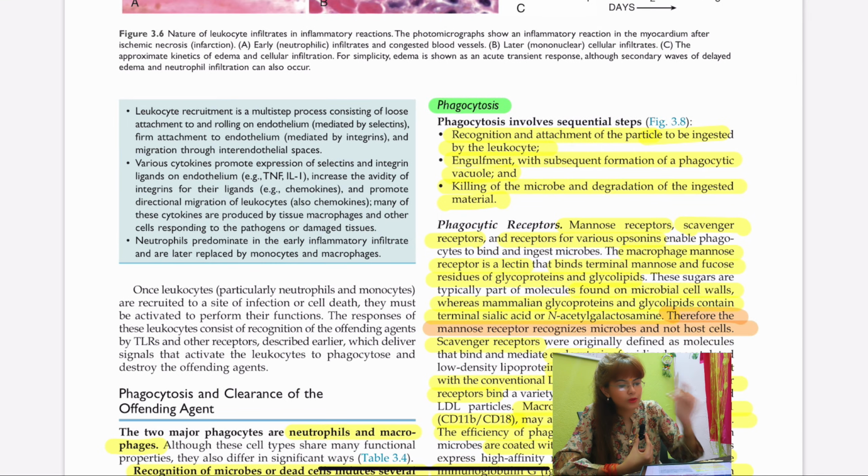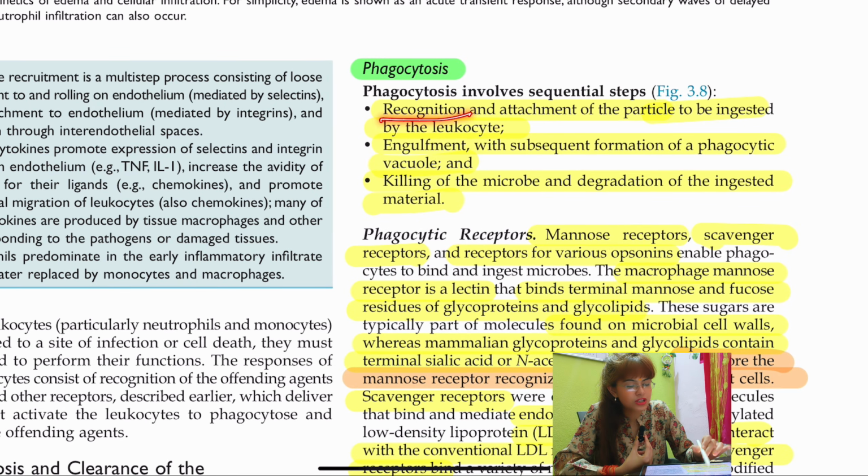There are various sequential steps. Number one is recognition and attachment of the particle to be ingested by the leukocyte. Next is engulfment by formation of a phagocytic vacuole, and then killing of the microbe and degradation of the ingested material.